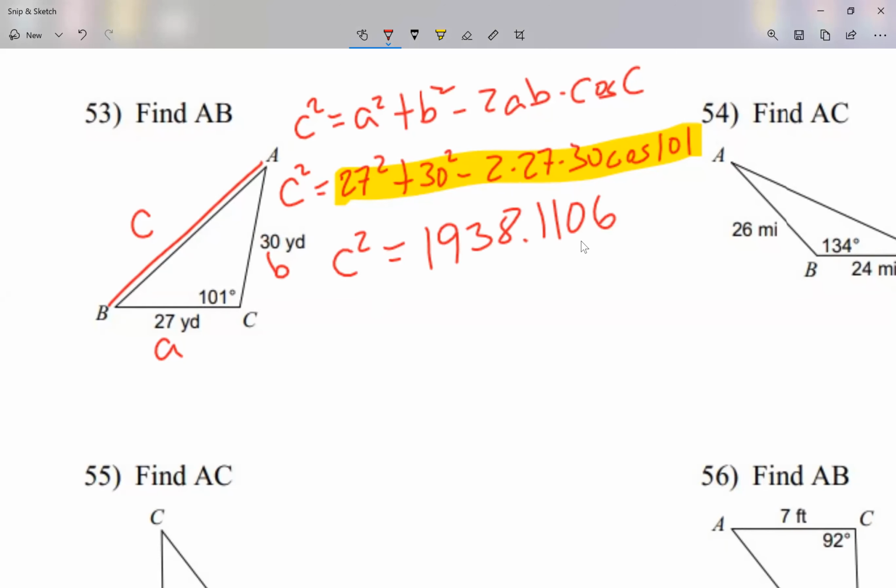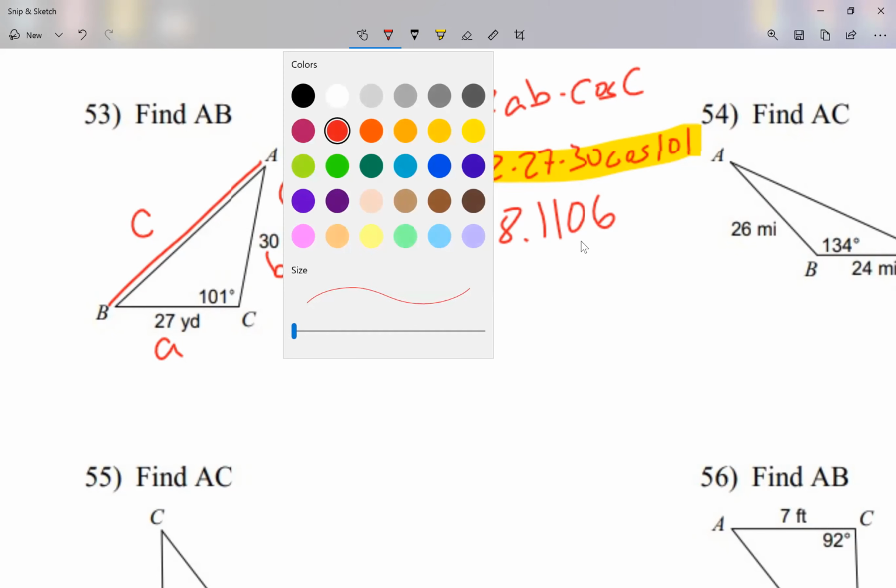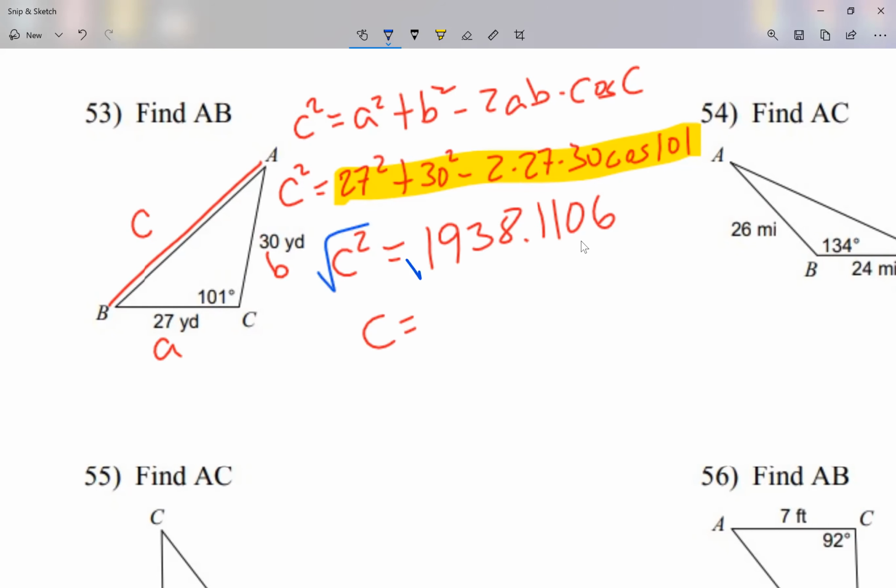Okay, now I need to solve for c, right? Think about it. How can I undo a square? I know addition, subtraction undo each other. Multiplication, division undo each other. Now exponents and roots. So that means I'm gonna do the square root. I'm gonna undo the exponent.